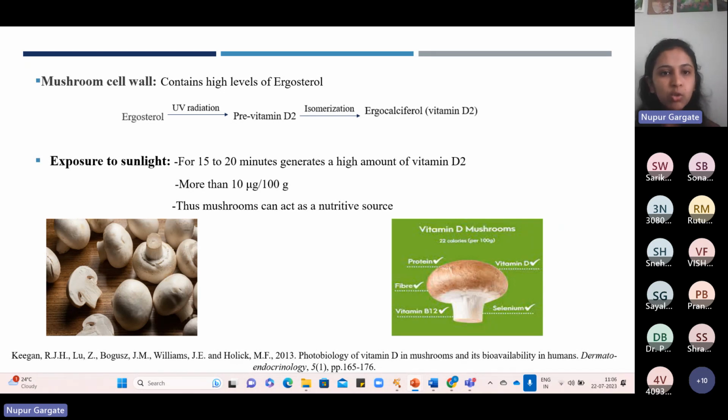So when we expose the mushroom cell wall, because of the UV radiation of the sun, the ergosterol, which is a sterol present in mushroom, gets converted to ergocalciferol, that is also called vitamin D2. The image on the left hand side shows how white button mushrooms look like, and the right hand side image shows what all nutrients are present in it.